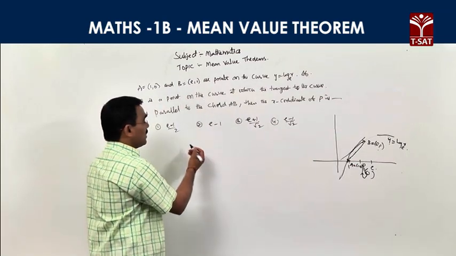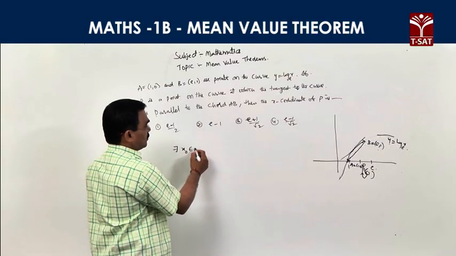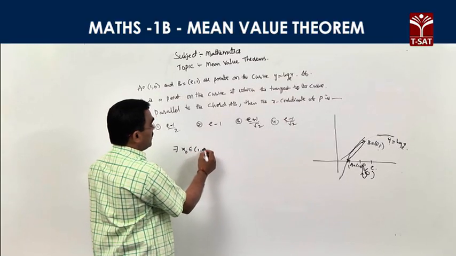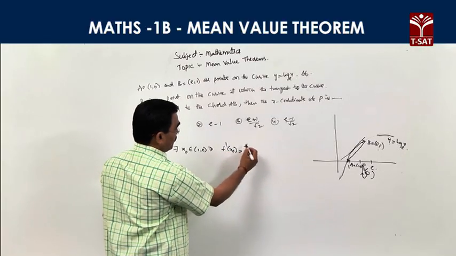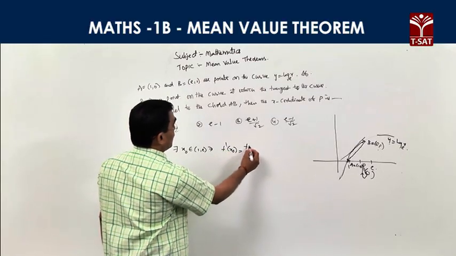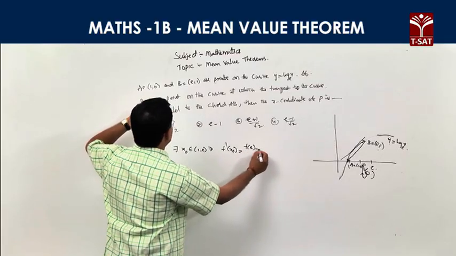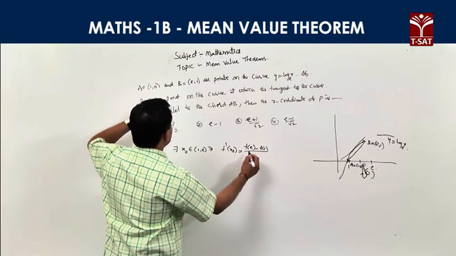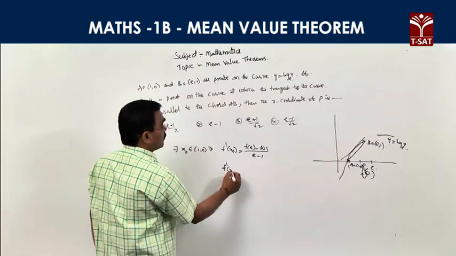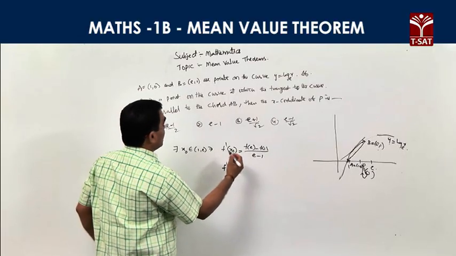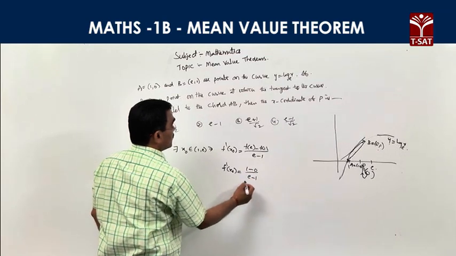According to Lagrange's mean value theorem, there exists a point x0 in the open interval (1, e) such that f'(x0) = (f(b) - f(a))/(b - a) = (f(e) - f(1))/(e - 1). Therefore f'(x0) = (1 - 0)/(e - 1).